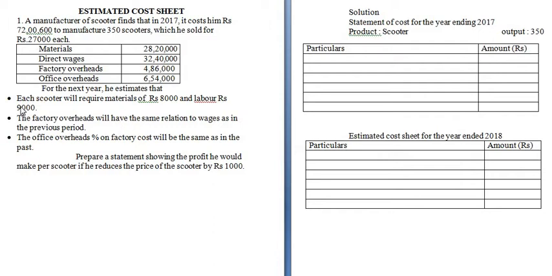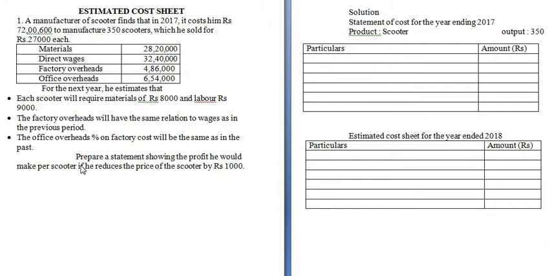First point: each scooter will require materials of rupees 8,000 and labor rupees 9,000. Second point: the factory overheads will have the same relation to wages as in the previous year. The office overheads percentage on factory cost will be the same as in the past.